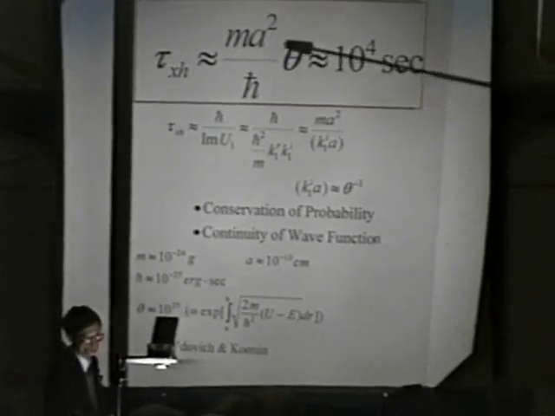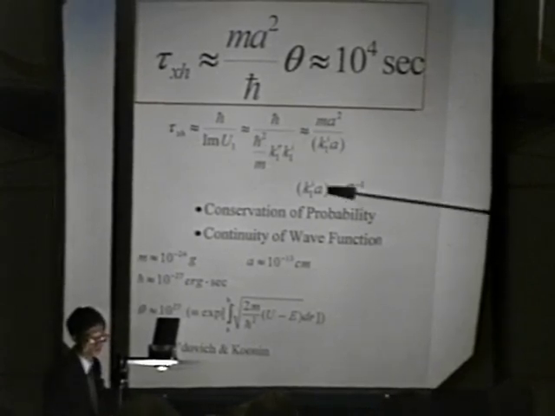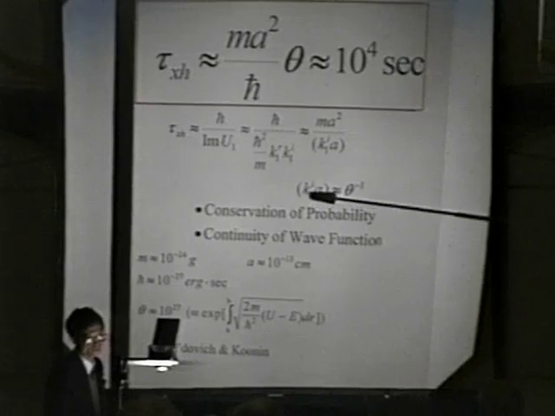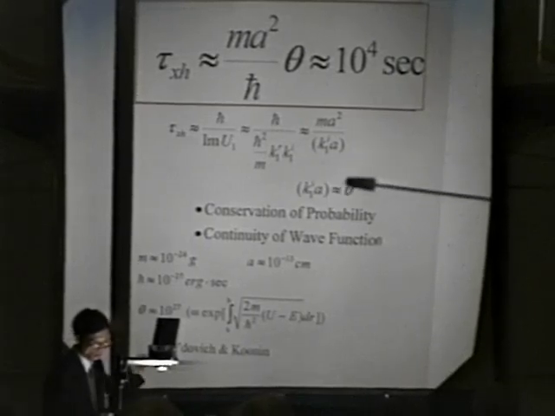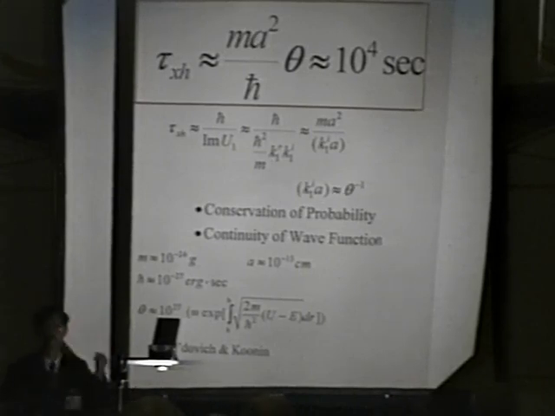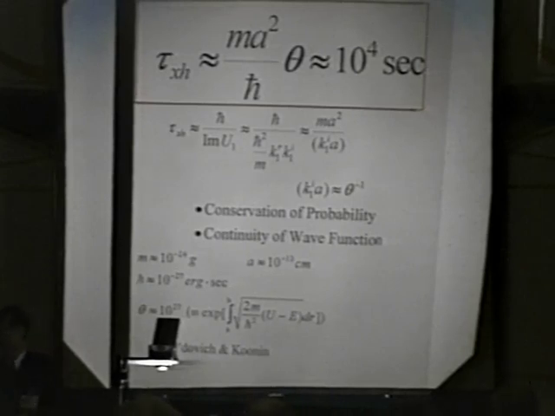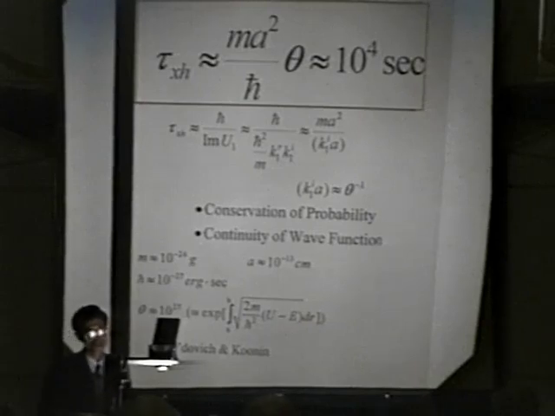In order to prove this equation, we have to prove the imaginary part of the wave number times the nuclear size equals theta minus 1. It's a very small number. I have proved this rigorously in my poster session, but physically, it's from first principles, that's conservation of probability and the continuity of the wave function.